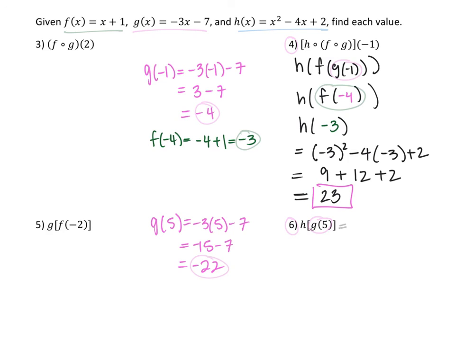So what's going to happen is that I'm going to now have h left over, and instead of this g of 5, I'm going to have negative 22. So from here, I'm plugging negative 22 into h. H has two x values, so I'm going to plug in negative 22 here and negative 22 here. And I'm going to definitely use parentheses here just because I see an exponent too.